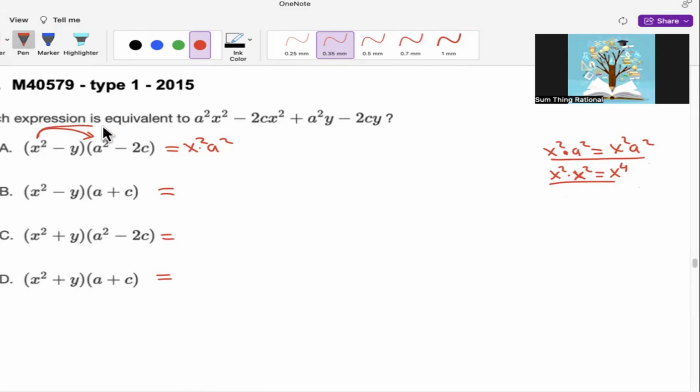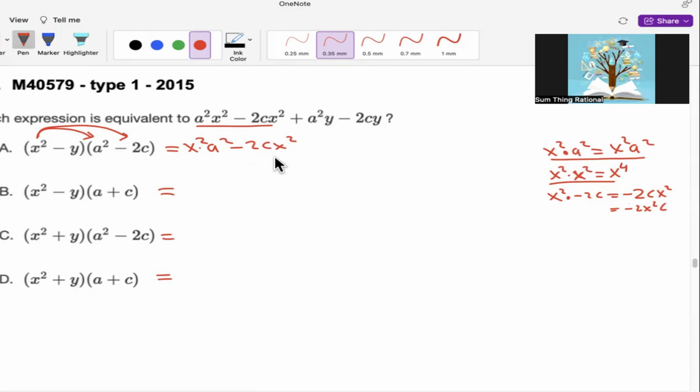So x squared times negative 2c. You will write it like negative 2c x squared or negative 2x squared c. There is no difference. You write them next to each other when multiplication is there. Negative 2cx squared. First two terms, I got it.